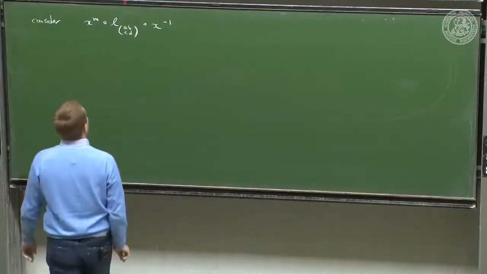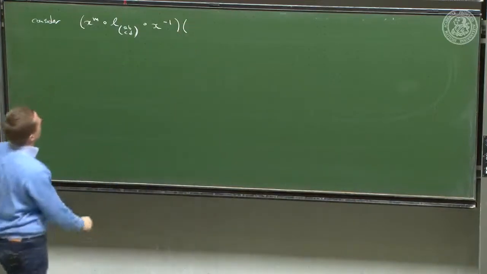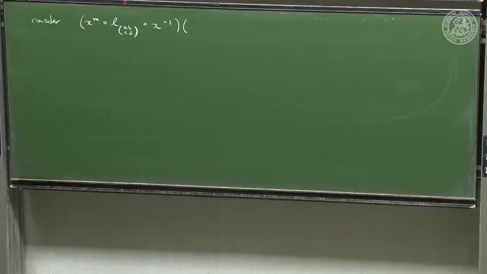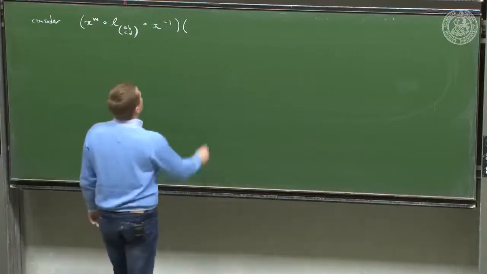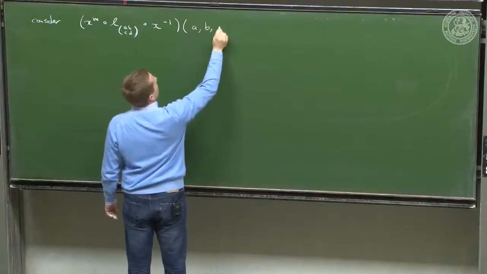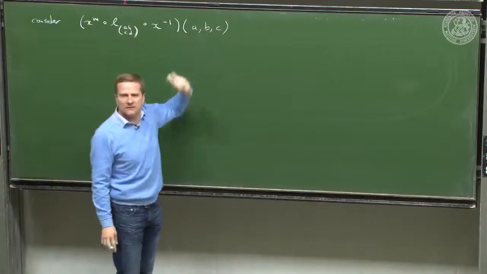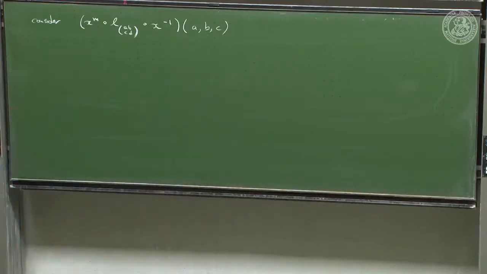Yeah. And you want to study this map. Well, you study a map by seeing how it acts on the domain. The domain is something like x inverse, something like ABC, because it obviously acts on some x of u, and I have the ABC. So now study this map.